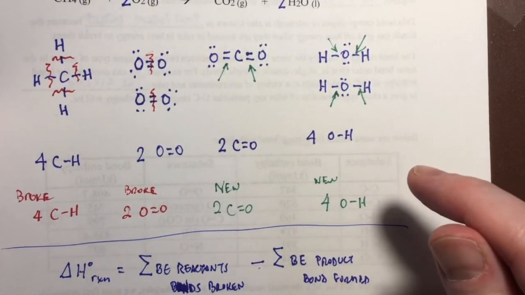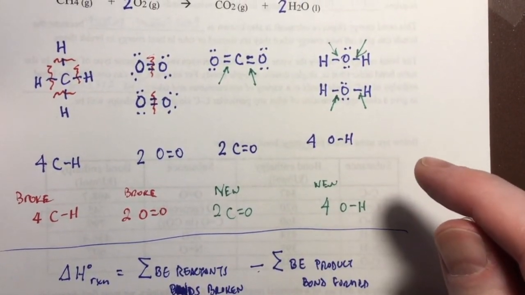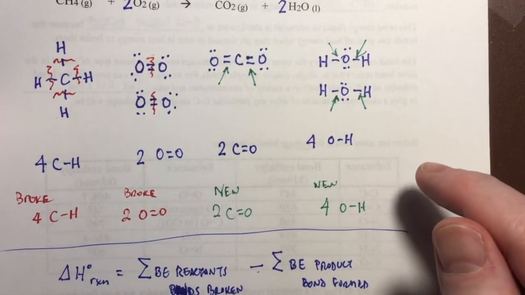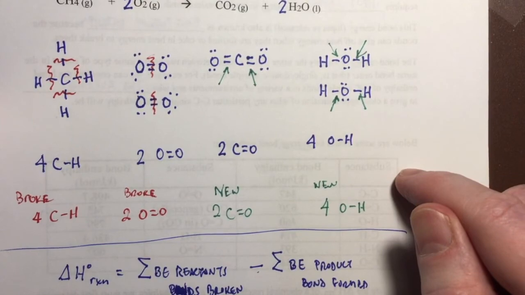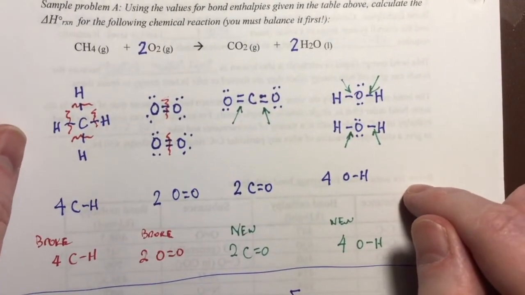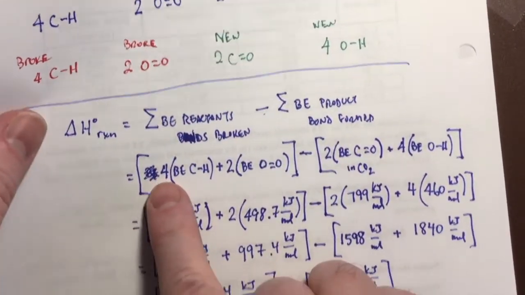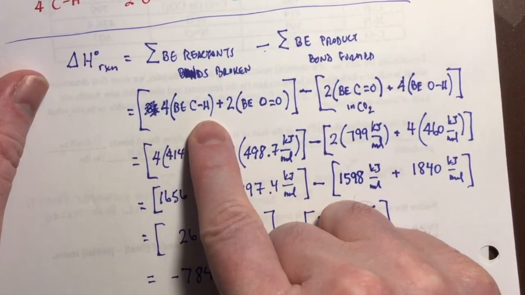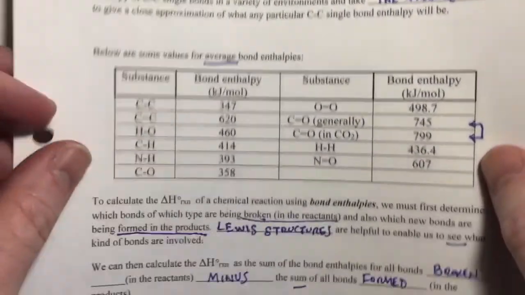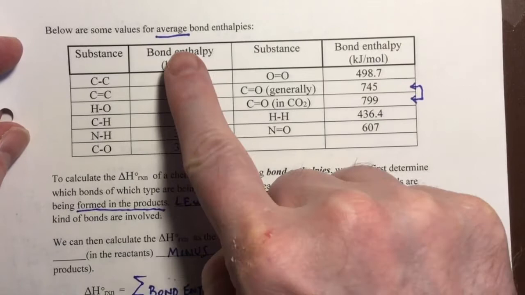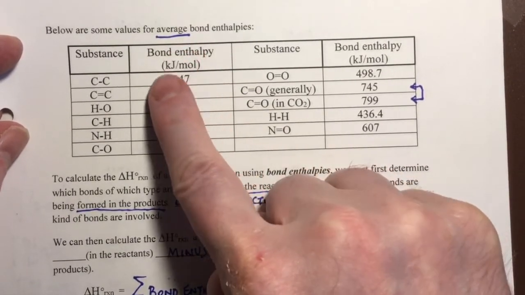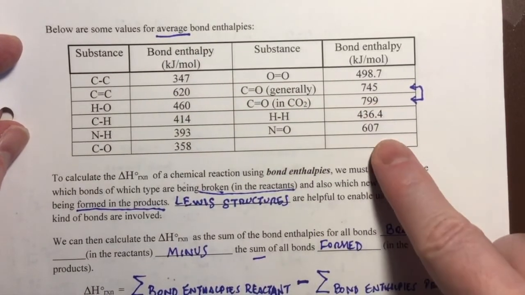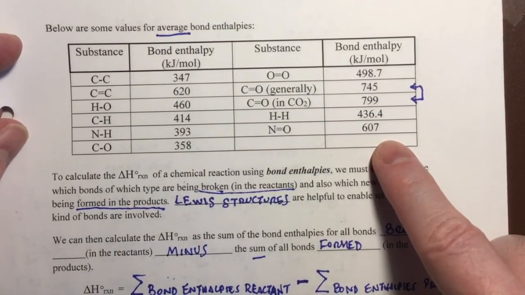That's not the main reason that we tend not to use this. Really, the main reason that this is not as useful as the other methods for calculating a delta H is because these values that we have for the bond enthalpies for these bonds, these values right here, they're based on averages. And so they're always a little bit inaccurate for any particular specific case that you're looking at.